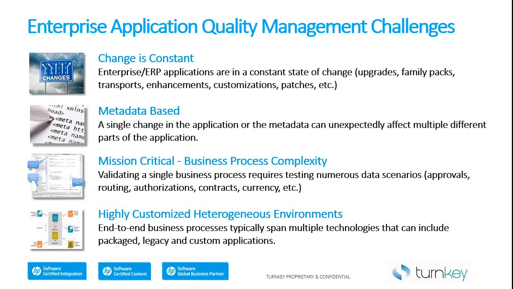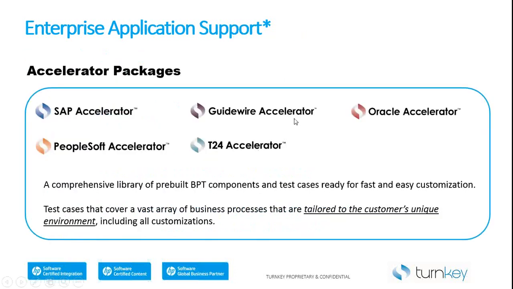So these are the challenges that people are faced with when they want to do testing and validation of enterprise applications. And because of this, often we don't see a lot of automation done because they're just too complex. So what we've done is we've developed enterprise application support for a number of applications, and we have another 3 that are in development that we'll release in the next couple of months.